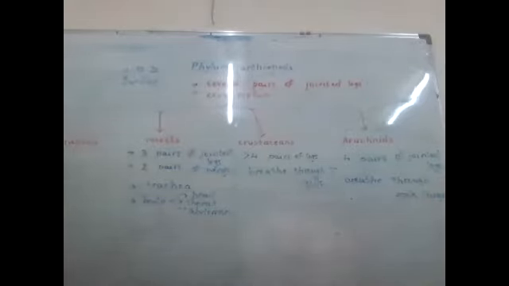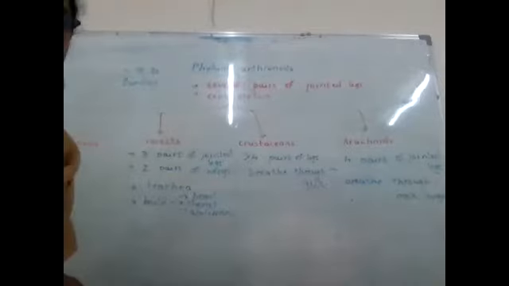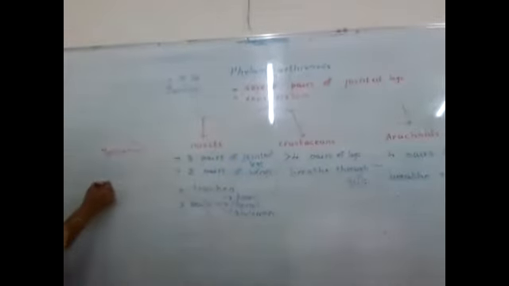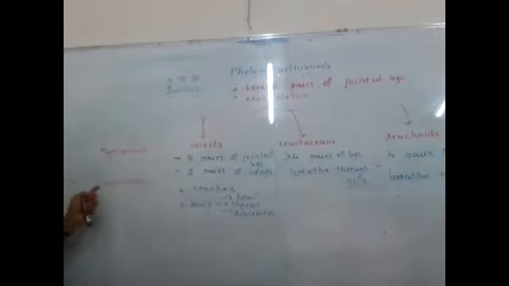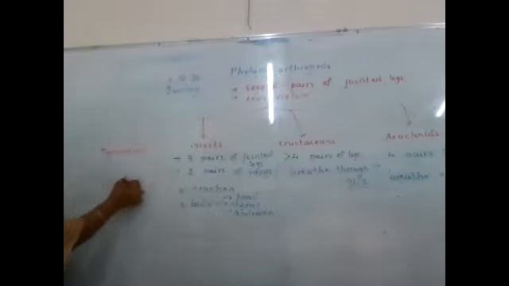Myriapods, their body is a segmented body, like this, like segments, and from each segment they have legs, like this, jointed legs.